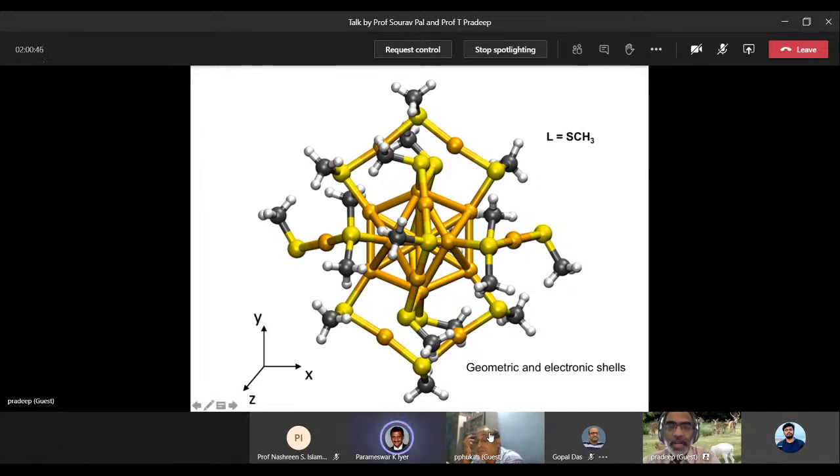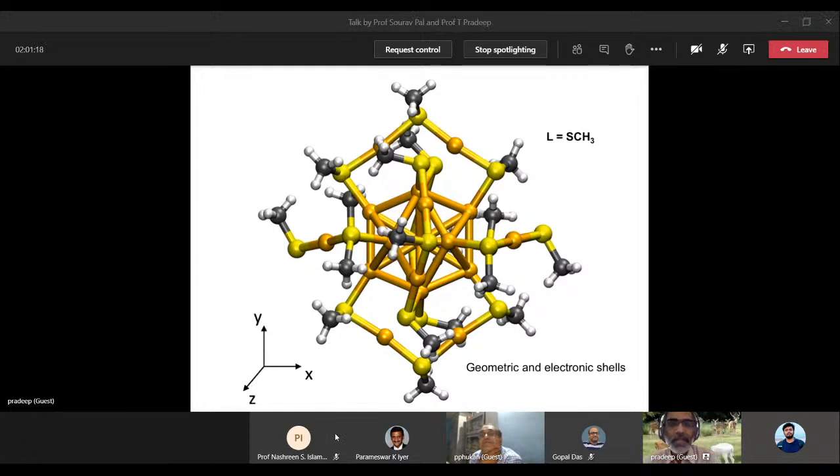Now, people have found, as far as this particular cluster is concerned, there are specific atoms. This is not the realistic ligand. If I were to put in the realistic ligand's structure, you will find that only a specific kind of atomic location is more accessible. Let me take this particular geometry to illustrate this point.